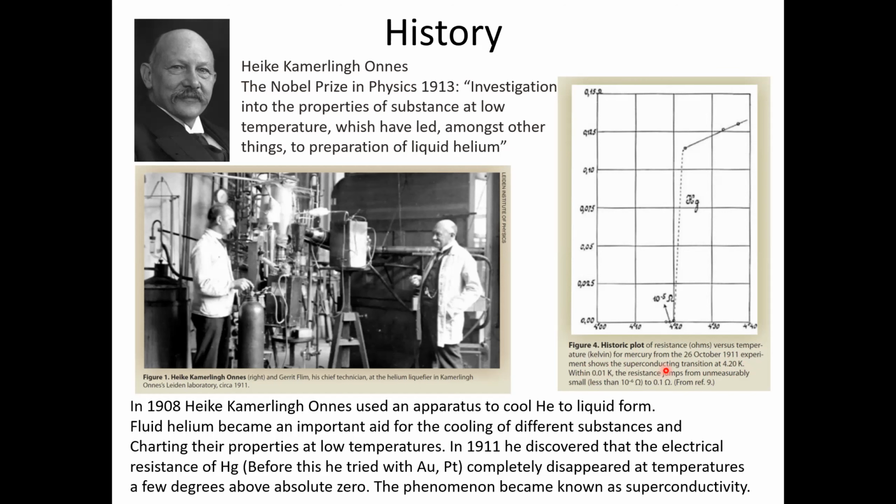This experiment shows the superconducting transition at 4.2 Kelvin. Okay, within 0.01 Kelvin, the resistance jumps from unmeasurably small, less than 10 to the minus 6 ohm, to 0.1 ohm. So this is quite small here that he observed. He wrote it down here, 10 to the minus 5 ohm here. So approximately 0.